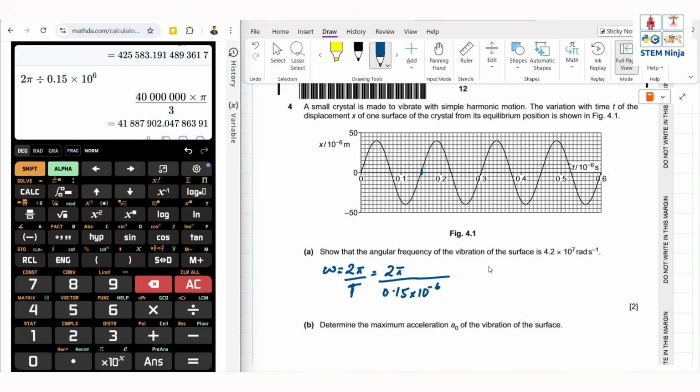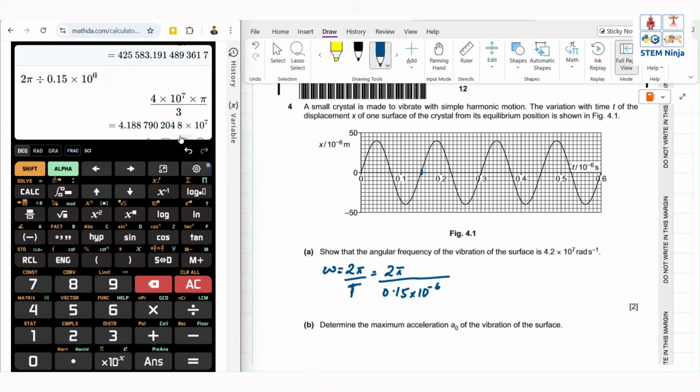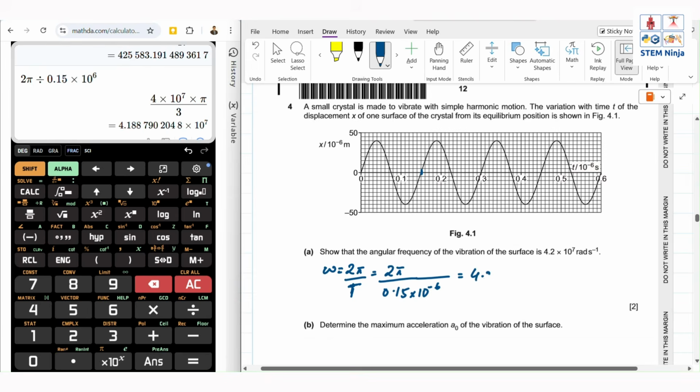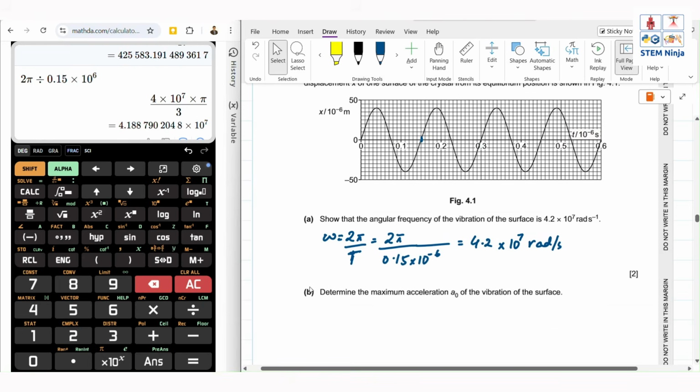So if you convert this into the standard form, you get 4.188 or 4.2 × 10^7 radians per second. Determine the maximum acceleration a₀ of the vibration of the surface.